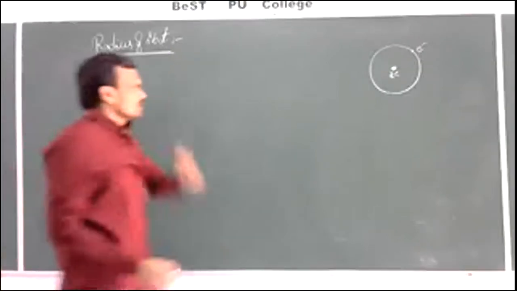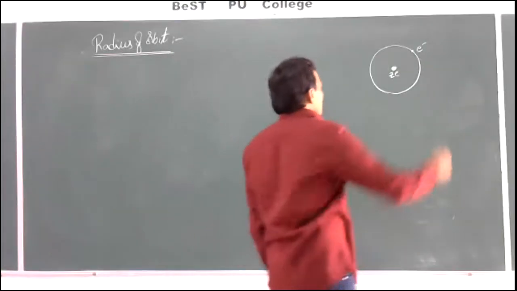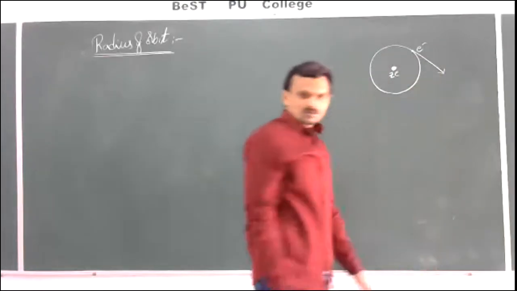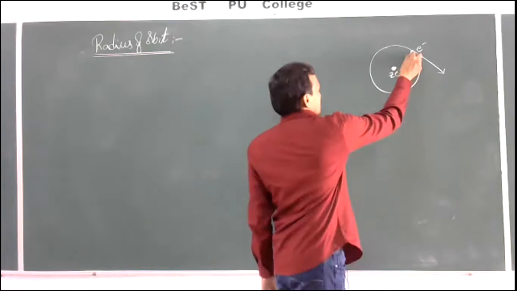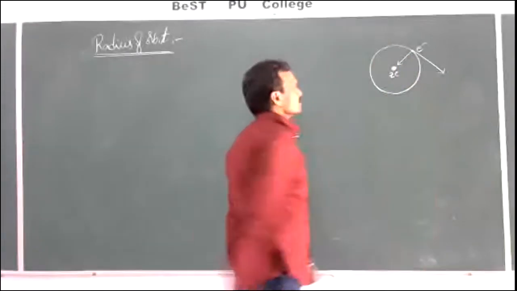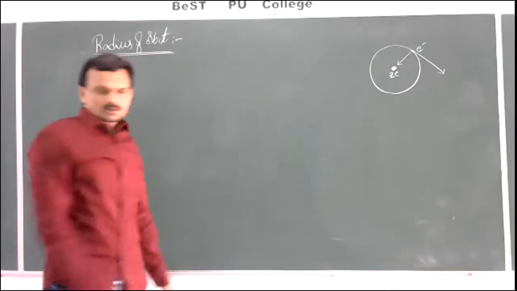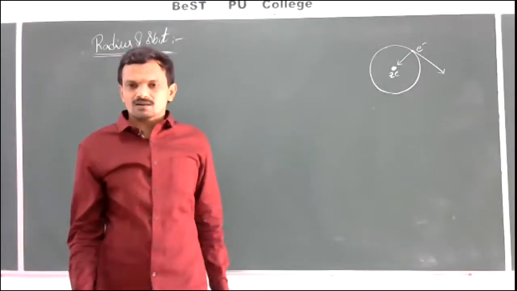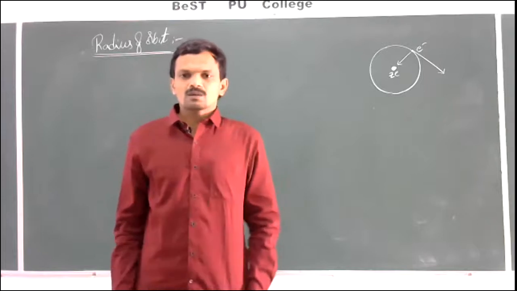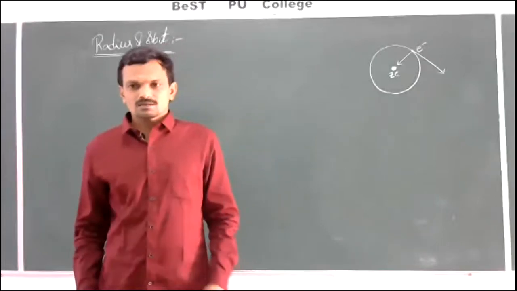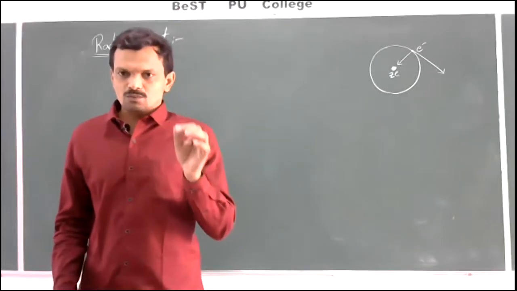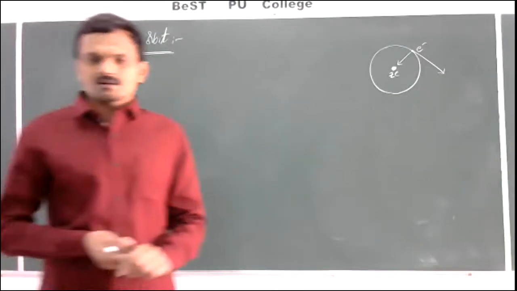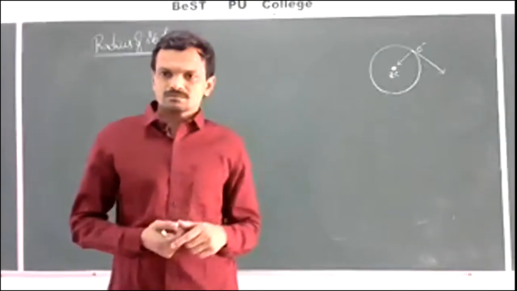For the electron to revolve in an orbit, the centrifugal force must be equal to the centripetal force. The condition required for the revolution of an electron in a circular path is that centrifugal force should be equal to centripetal force.